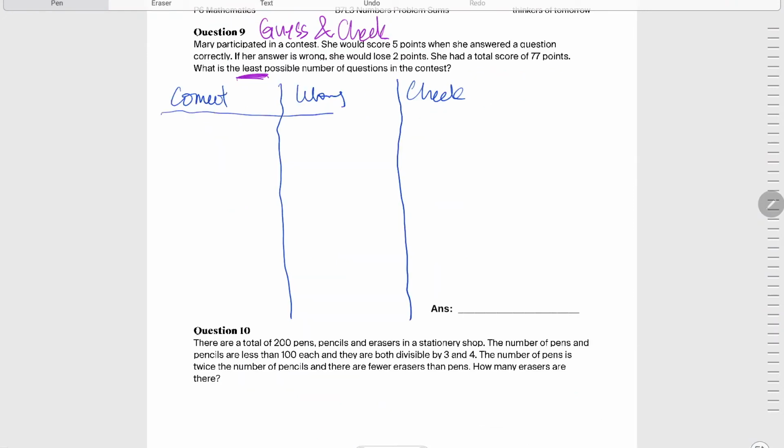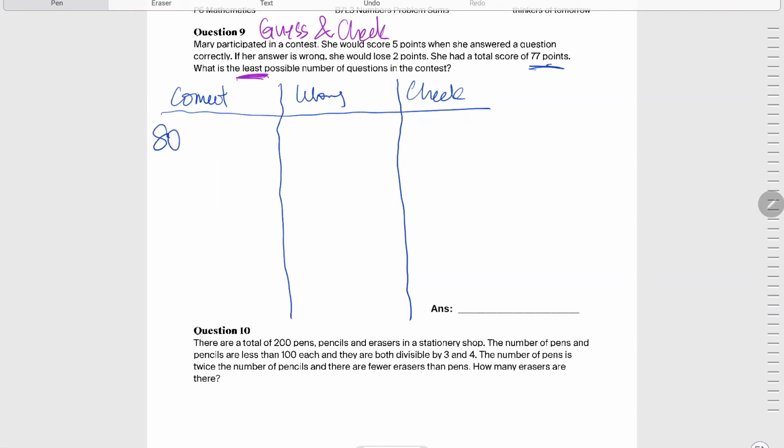The first thing you need to do is to find out what is the first number of correct questions that I need to use. This is not random, okay? It is not random because when they say the least possible number of questions and she scored 77, the lowest multiple of 5 that is above 77 points is 80 points.